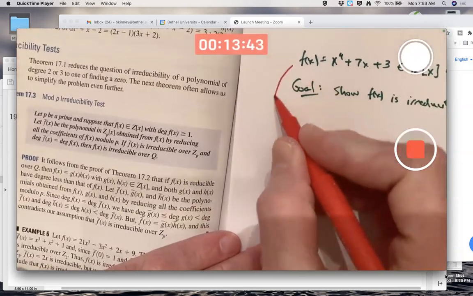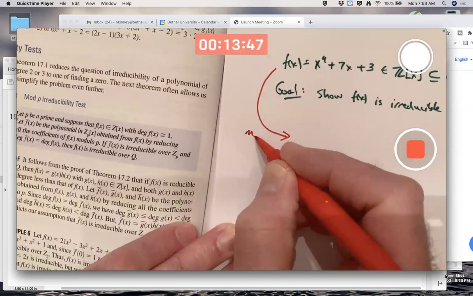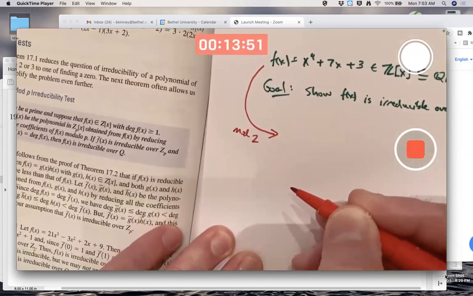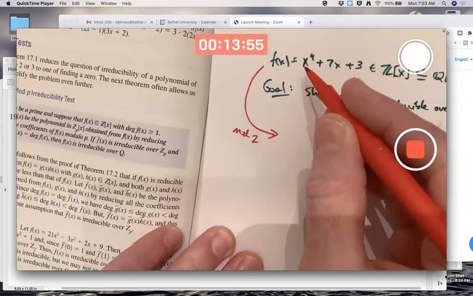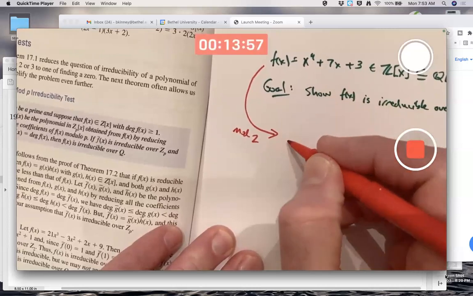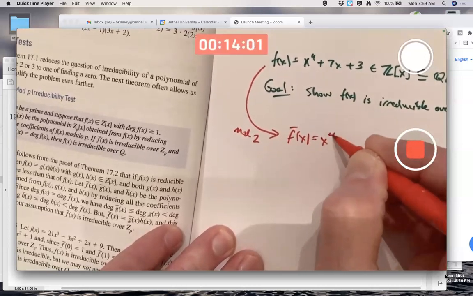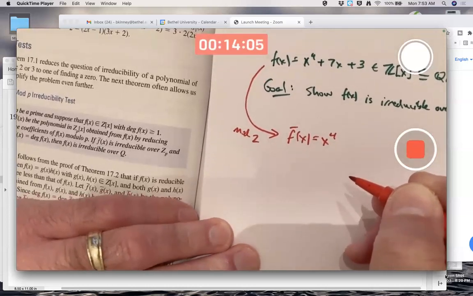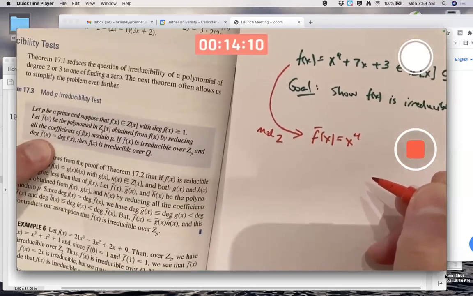So I'm going to take f of x and write mod 2 here, meaning I'm going to take all the coefficients mod 2. The coefficient of x to the fourth is 1, and 1 mod 2 is still 1, which will mean the degree of f bar is going to be the same as the degree of f. That's good. We can't use this theorem unless the degree of f bar equals the degree of f.